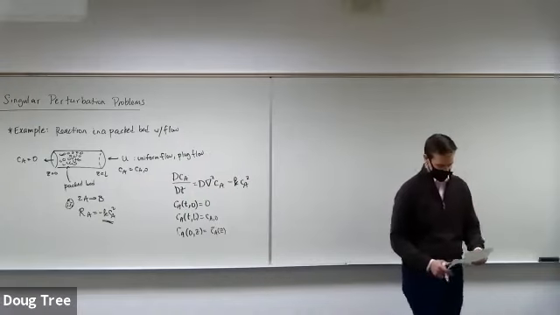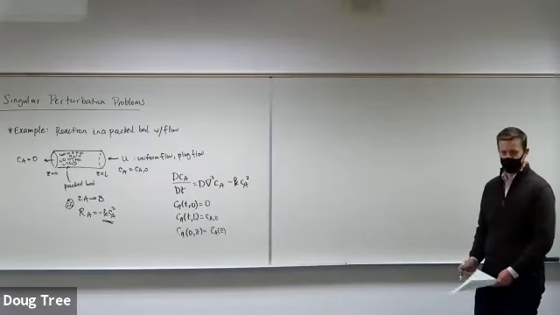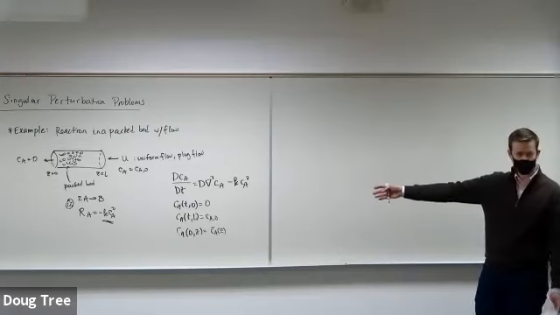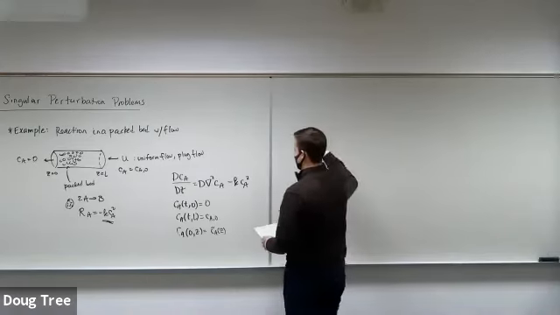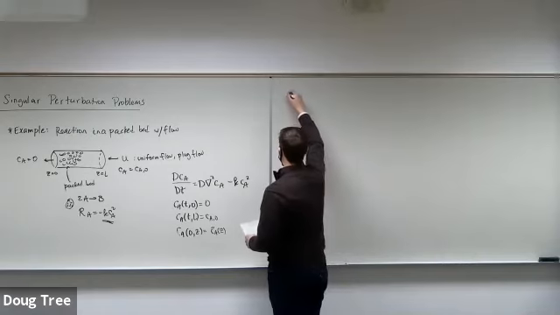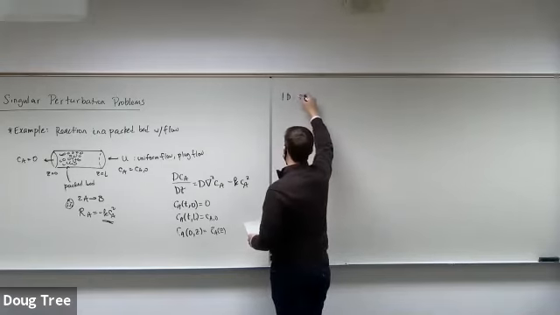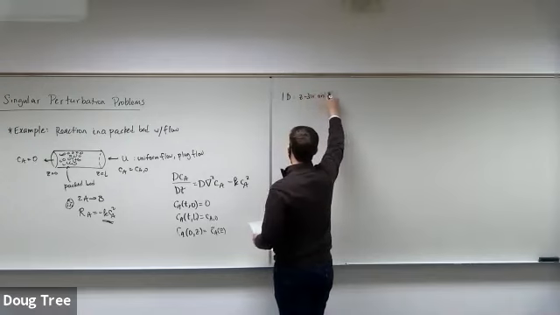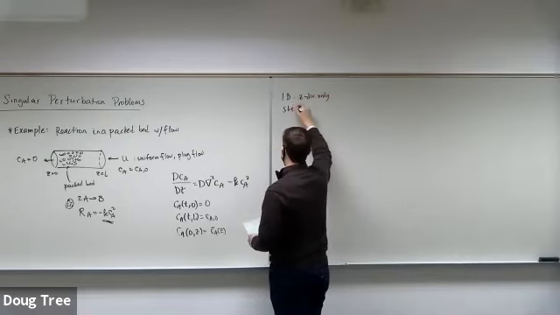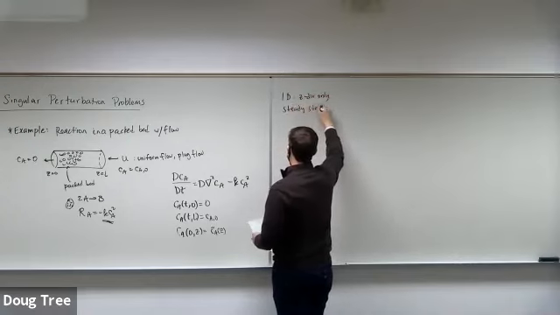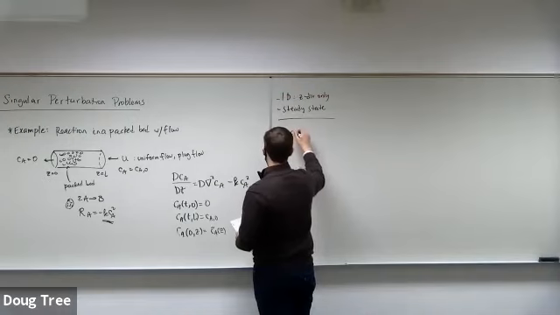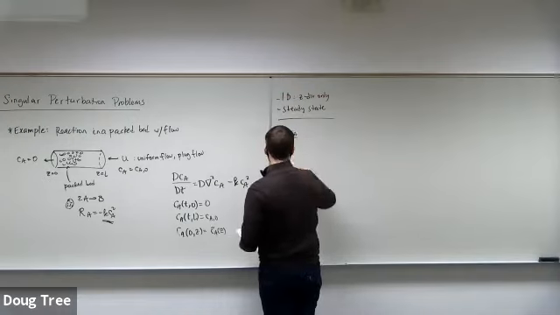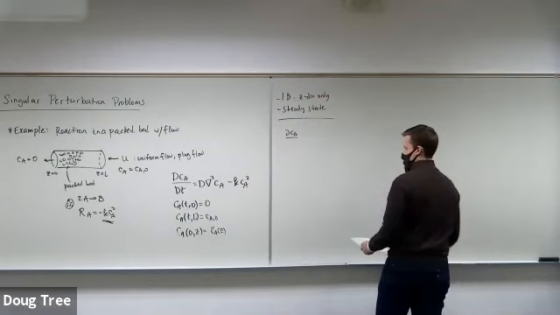Okay, so the first thing we're going to do is simplify this a little bit for the problem of interest. So here we're going to do this as 1D, right? So Z direction only, and I'm going to assume steady state. Let me write it out and then I'll assume steady state.